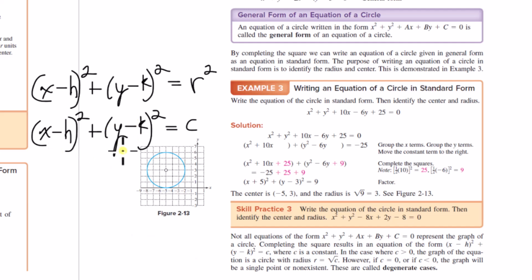And the same thing here. So there's no way this side on the left can be anything less than 0. And so, as far as real numbers, which in regards to plotting a circle in a plane, we're only thinking about real numbers, there is no solution to this equation if c is negative. So obviously there's no circle there.